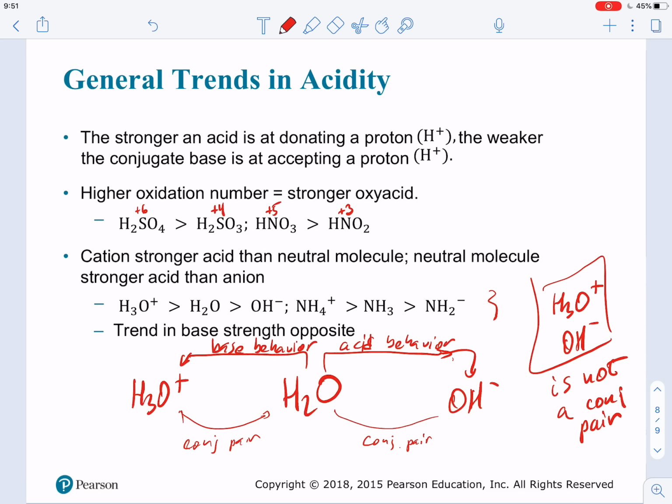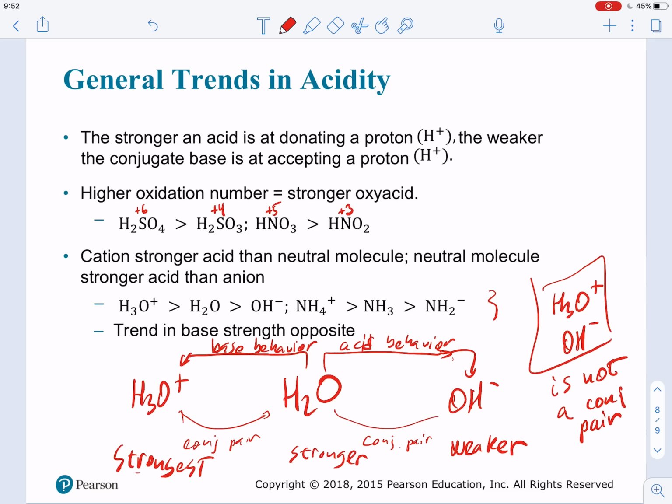But if you're comparing acidity here, the more hydrogens you have in that structure, the more acidic it will become. So if you're looking at these 3 substances behaving as an acid, H3O plus, H2O, and OH minus, this is going to be the strongest, this is going to be stronger, and this is going to be weaker.